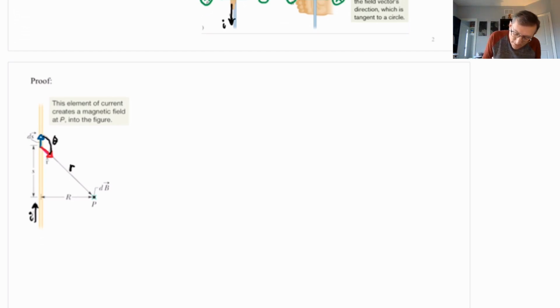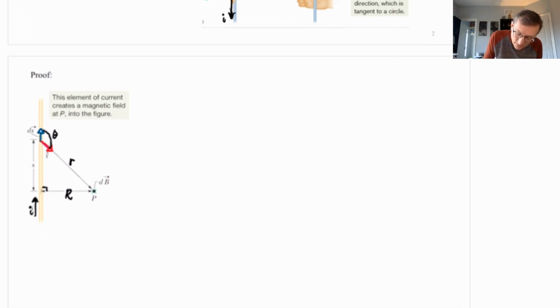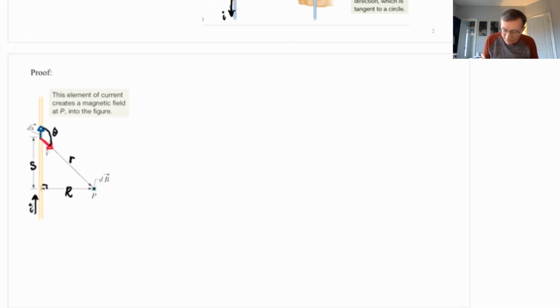Then there's the distance big R, which is the perpendicular distance from point P to the wire. And there's one other distance or coordinate, you could call it. It's labeled here S, and it is measured from this point on the wire that is directly across from point P to the element, ds. Okay, that turns out to be a convenient coordinate to use.